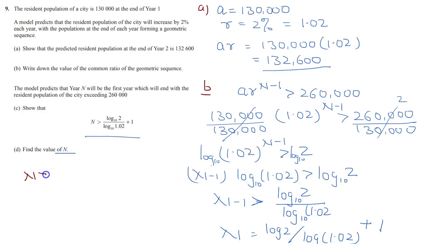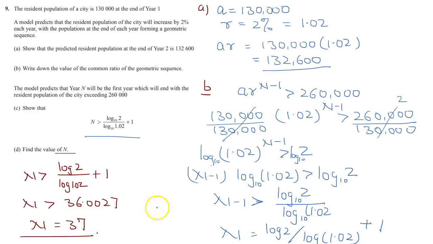So N is greater than log 2 over log 1.02 plus 1. You calculate, it will be 35.0027 plus 1, so it is 36.0027. So N is greater than this. So N is equal to 37.